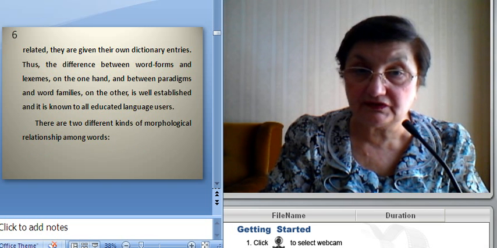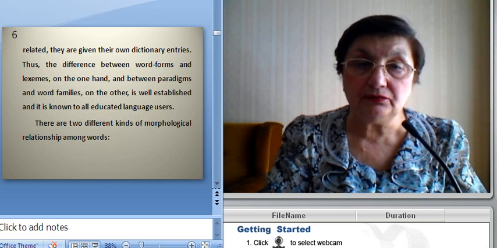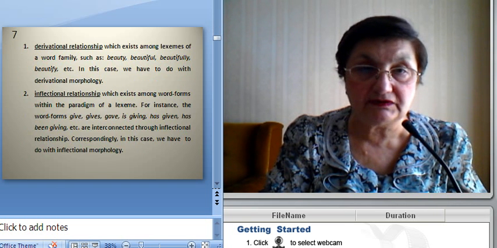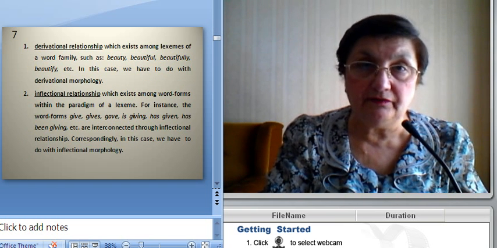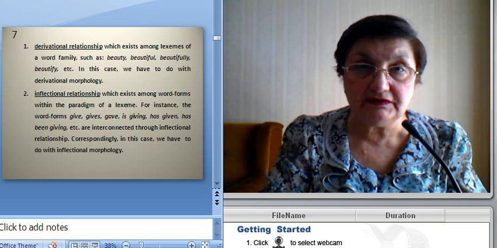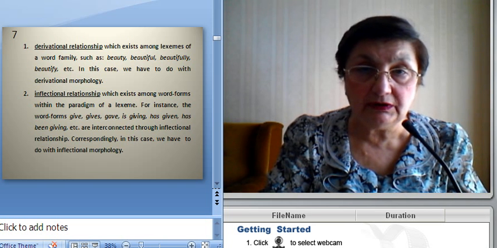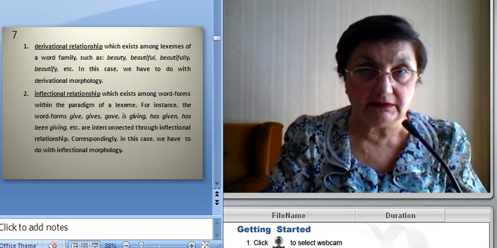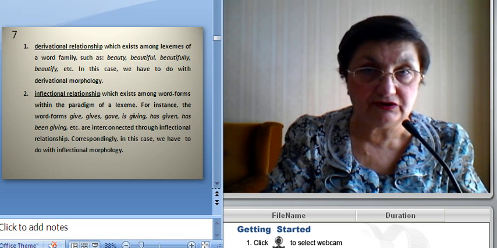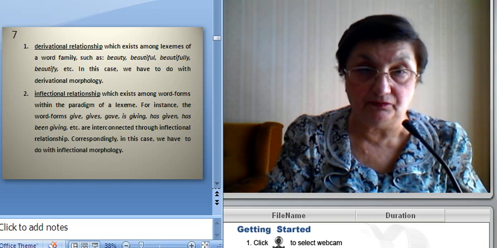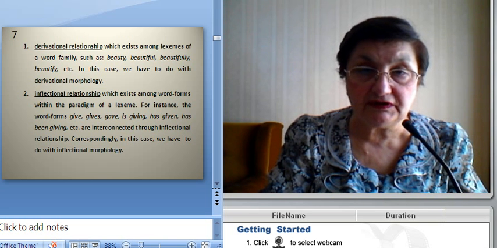There are two kinds of different morphological relationship among words. The first is derivational relationship, which exists among lexemes of a word family, such as beauty, beautiful, beautifully, beautify, etc. In this case, we have to do with derivational morphology. The other type is inflectional relationship, which exists among word forms within the paradigm of a lexeme.